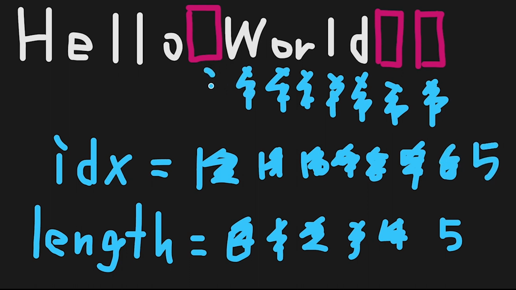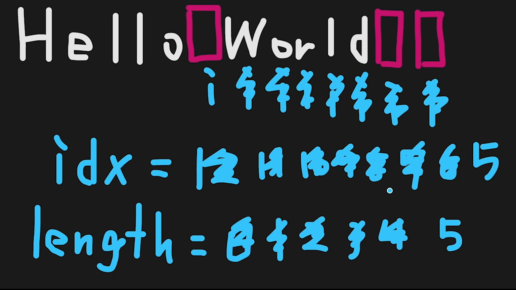And then now we find the space. In that case, we stop the second loop and just return the length variable, which is 5. And the last word, world. So length of world is 5.